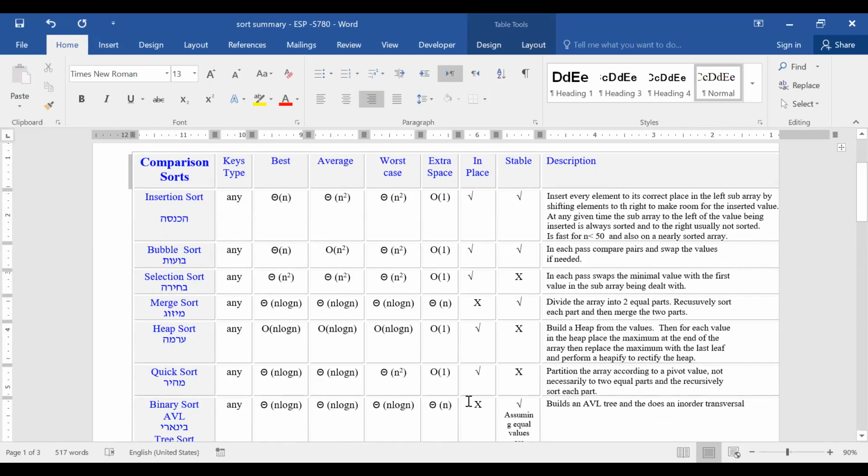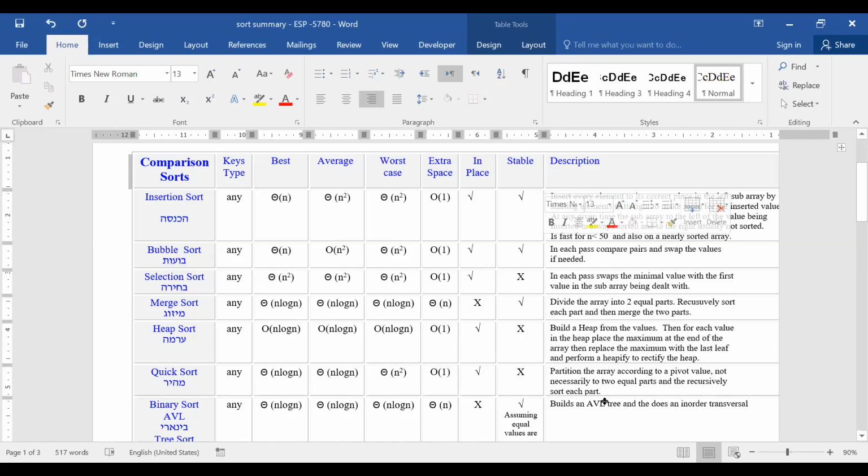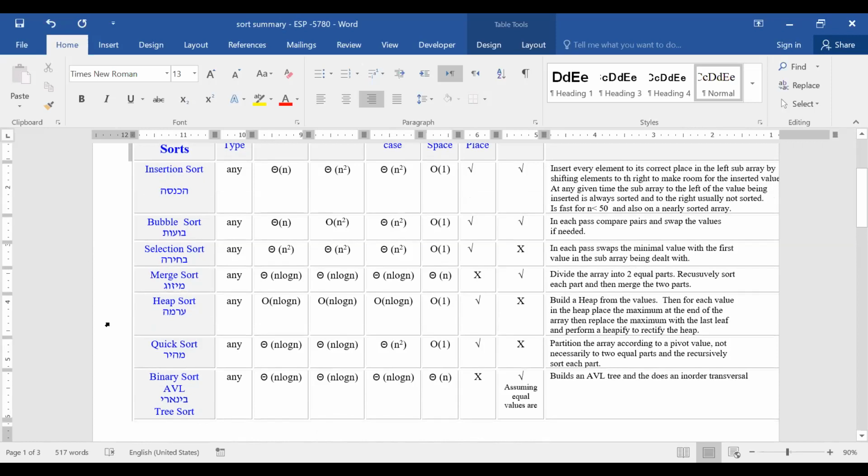You have whether it's stable or not, and you have a quick description just to remind you what happens. I wrote here tree sort because sometimes you might see that as a name, not binary sort but tree sort. And you have here all the various values.